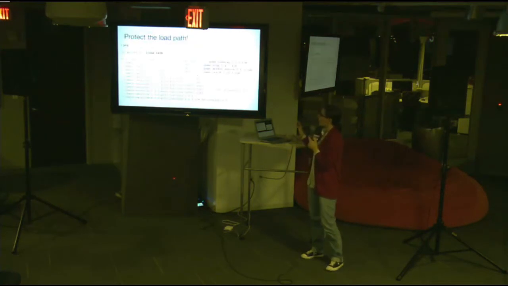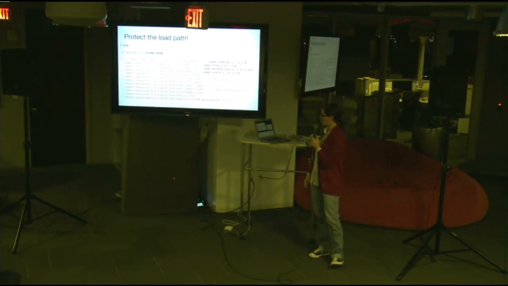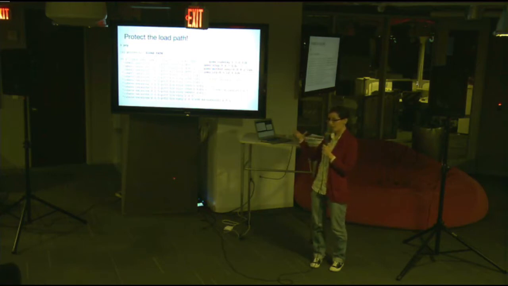So we want to protect the load path, and just quickly, we can actually look at the contents of the load path in Pry or IRB. You just say $LOAD_PATH, and right now I'm highlighting the gems that are currently in my load path. They're all in a folder called gems, and each gem is inside its own folder that is the name of the gem with its version number.